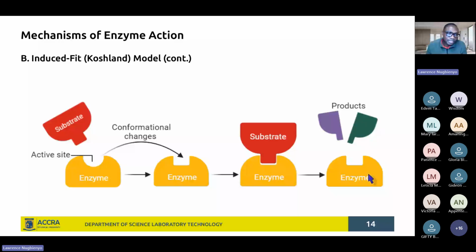So that was Koshland building on the idea, the proposal of Fischer.